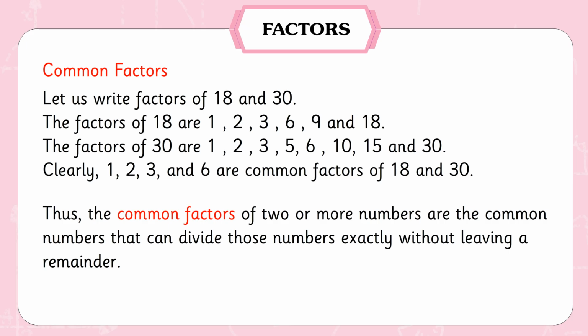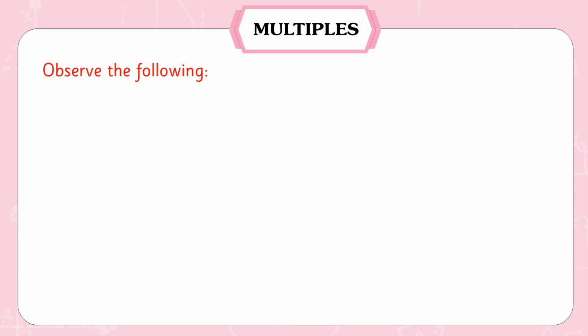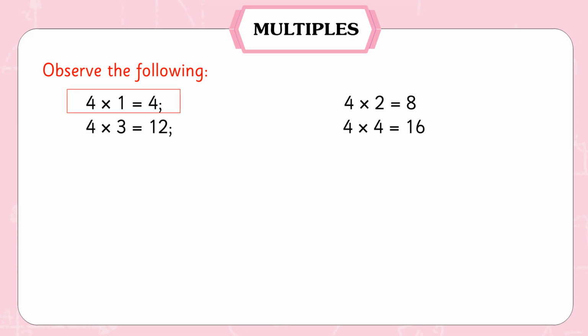leaving a remainder. Multiples. Observe the following. 4 into 1 is equal to 4. 4 into 2 is equal to 8. 4 into 3 is equal to 12. 4 into 4 is equal to 16.